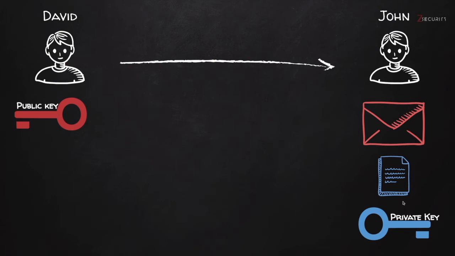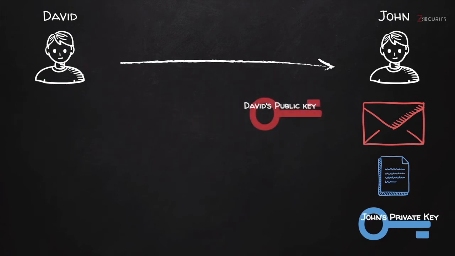And before decrypting this message with his own private key, what he's going to do is he's going to use David's public key in order to verify the signature. So like I said, the signature was created with David's private key, and then John doesn't have David's private key, but he's going to use David's public key to verify the signature.